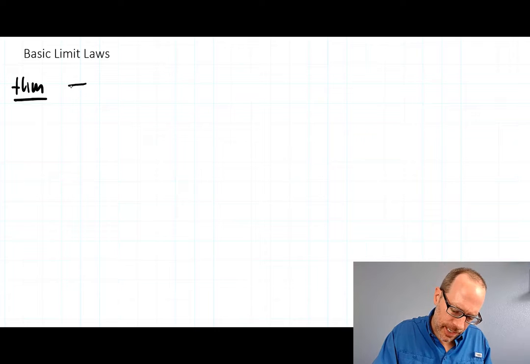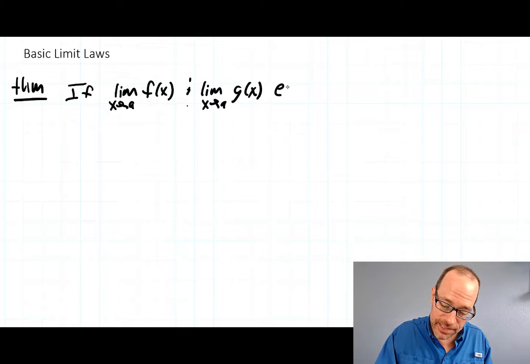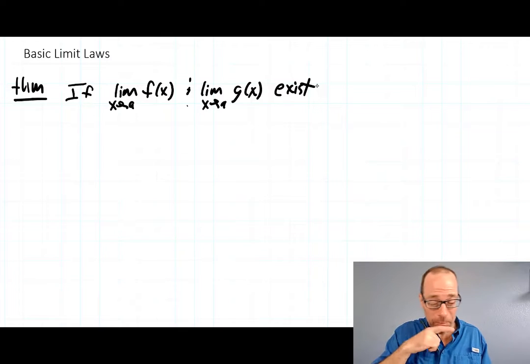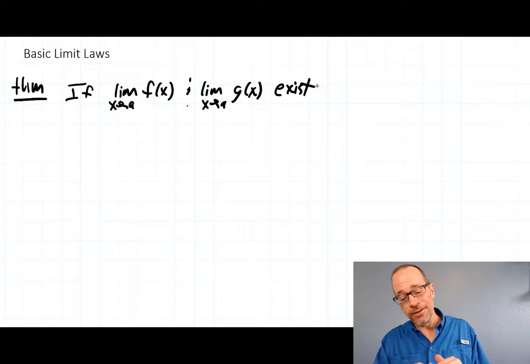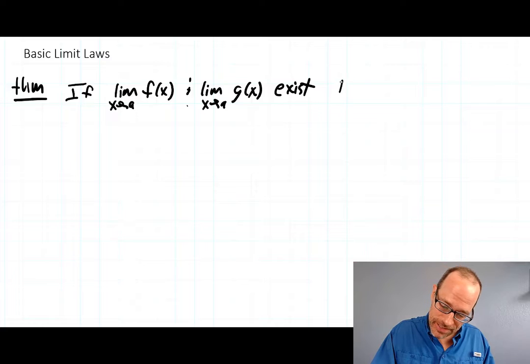It says if the limit as x goes to a of f of x and the limit as x goes to a of g of x exist, and that's an important assumption, by the way. If one of those doesn't exist, then these conclusions are just false.